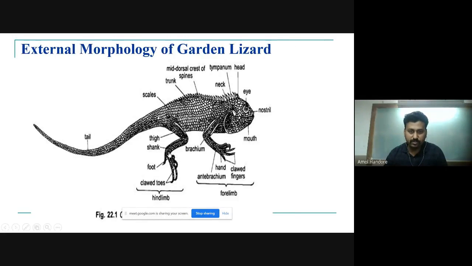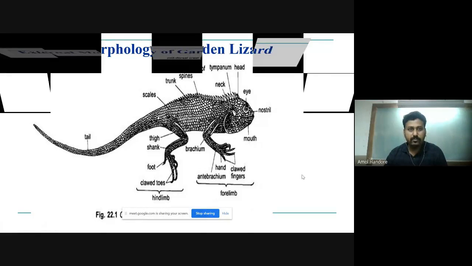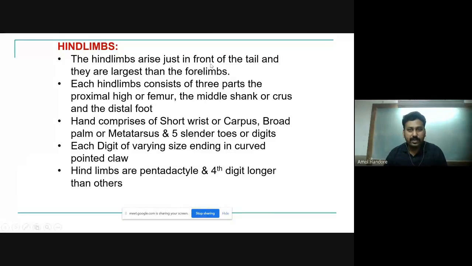Then you have the foot, which also has 5 digits, and these 5 digits end in claws at the tip. Both the forelimb and the hind limb have fingers or digits which end in very sharp claws.